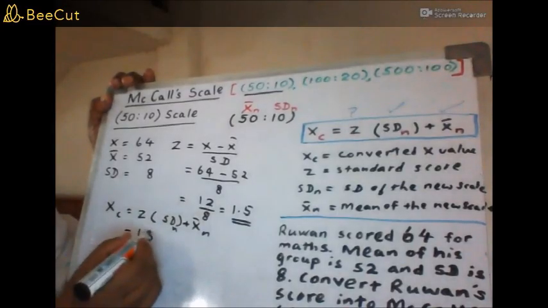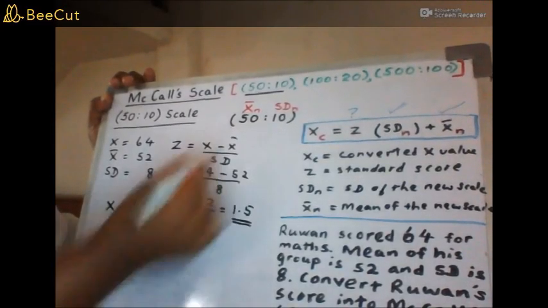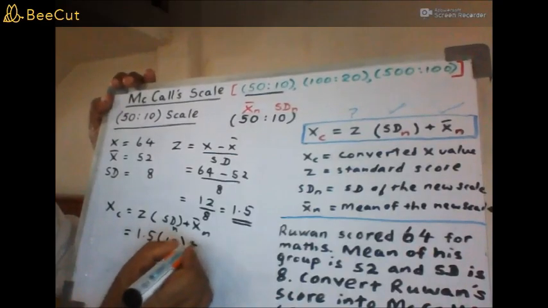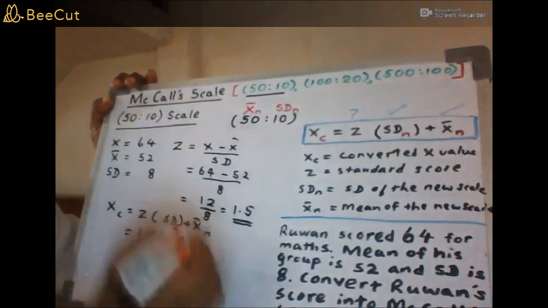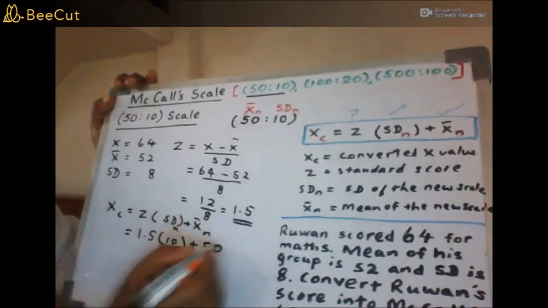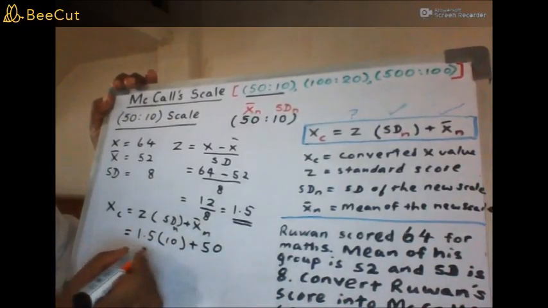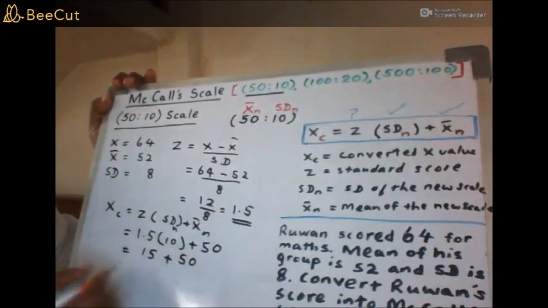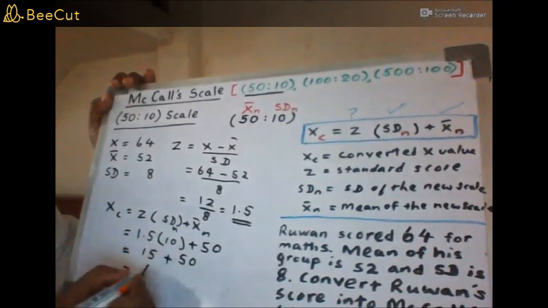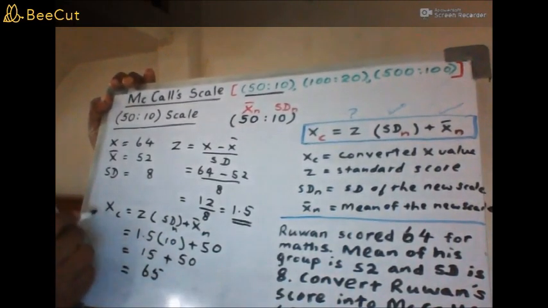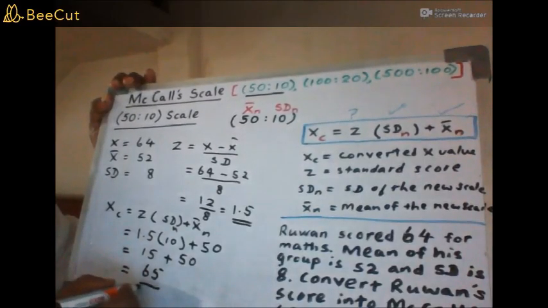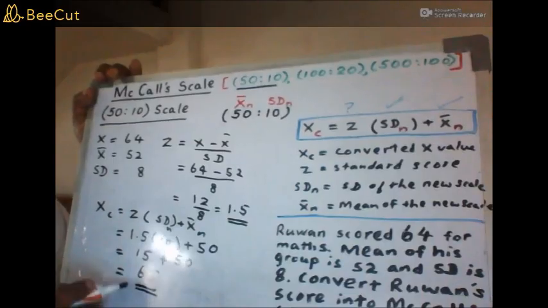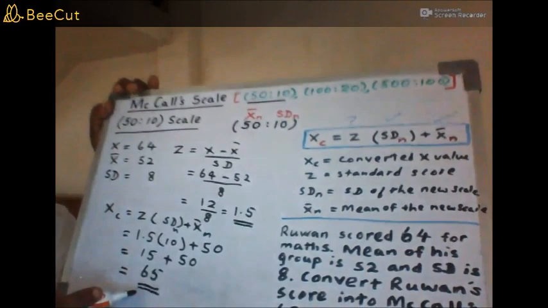Z is 1.5, new SD is 10, plus new x bar, it's 50. Here 15 plus 50, so the McCall scale is 65. The converted mark on the McCall scale, or the 50-10 scale, is 65.